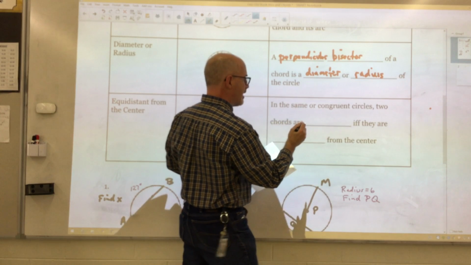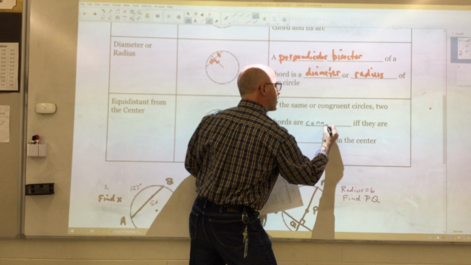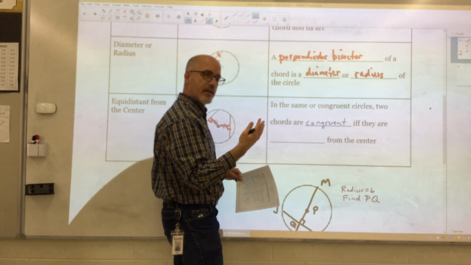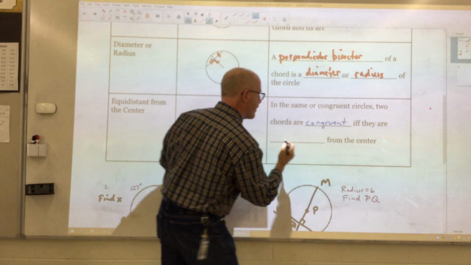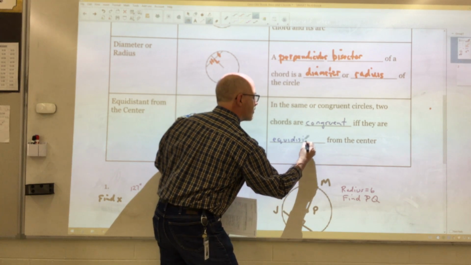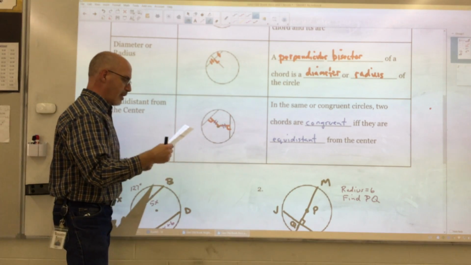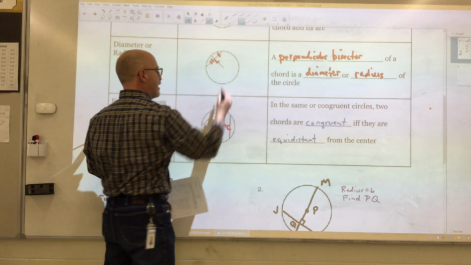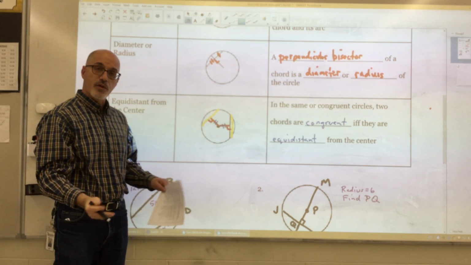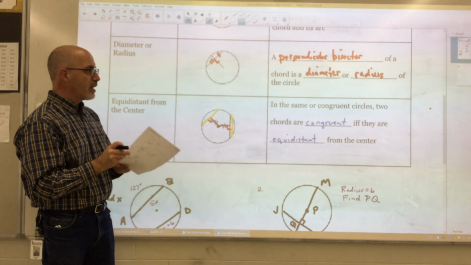So in the same or congruent circles, two chords are congruent if and only if, meaning it's both the theorem and also its converse, they are equidistant from the center. So this chord and this chord are going to be congruent because they're equidistant from it. Or if the chords are congruent, then these two smaller segments will be congruent. All right, let's try some problems.